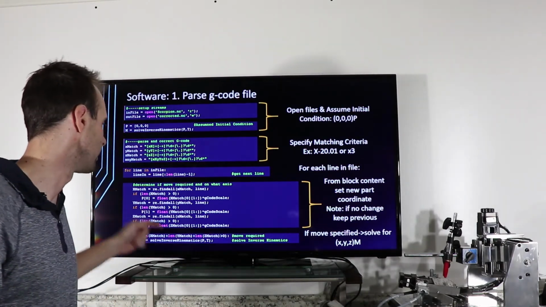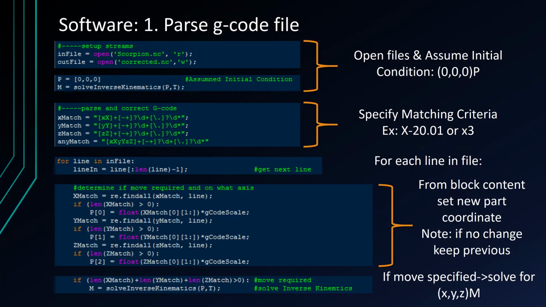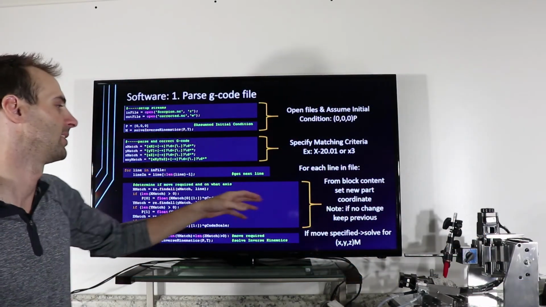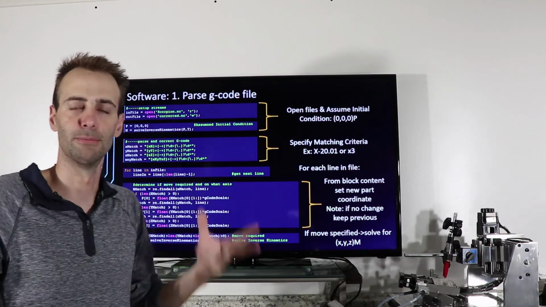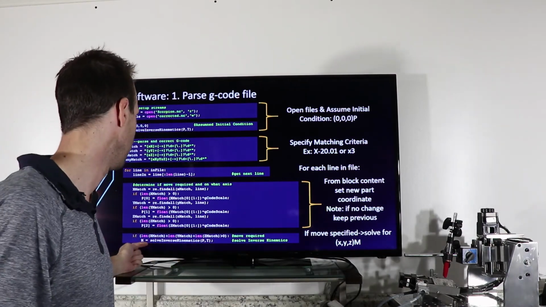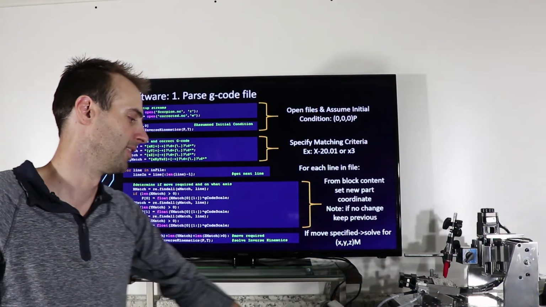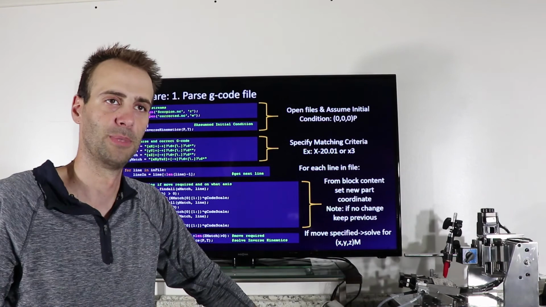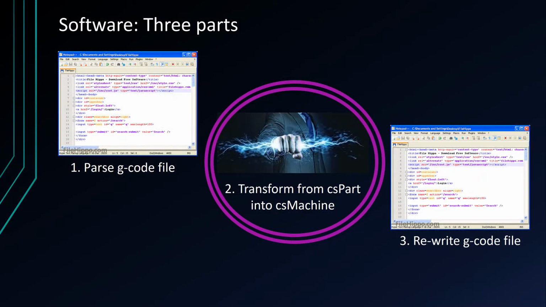And I do that for x, y, and z, okay? Then I say if there's a match in either x, y, or z, I basically say, okay, yeah, there's a move, okay? And then I say, solve the inverse kinematics, basically transforming that back into machine coordinates from part coordinates, okay? So that's the second part.